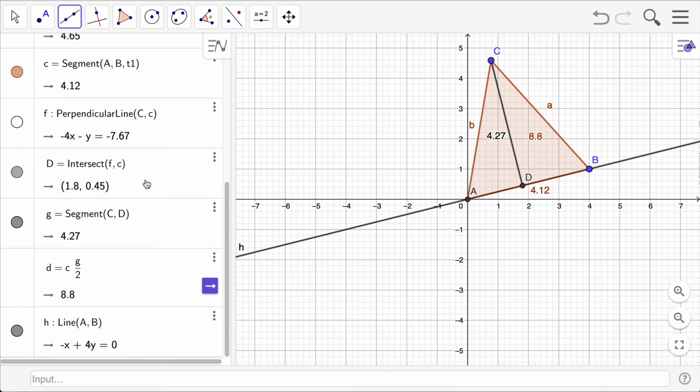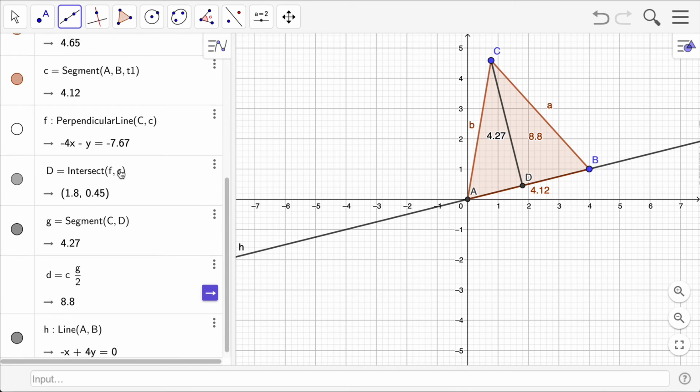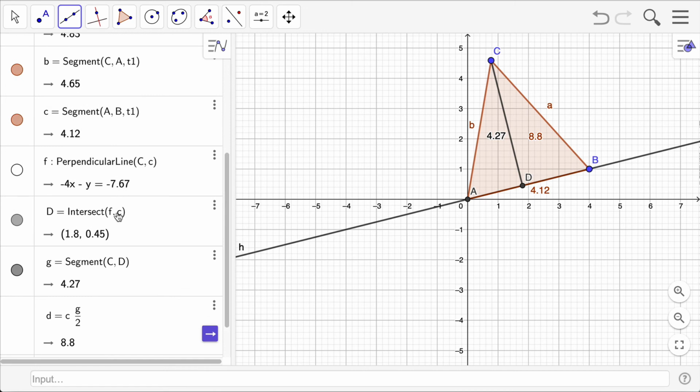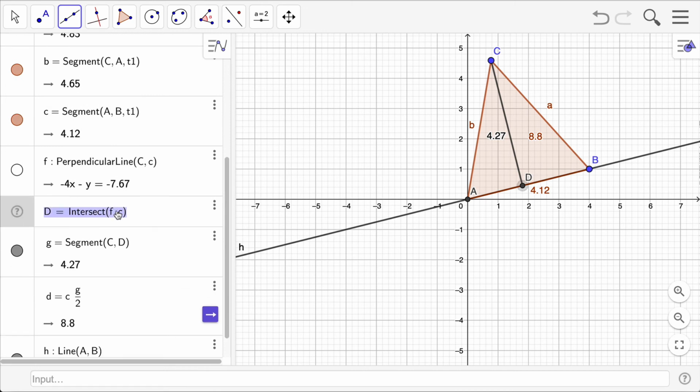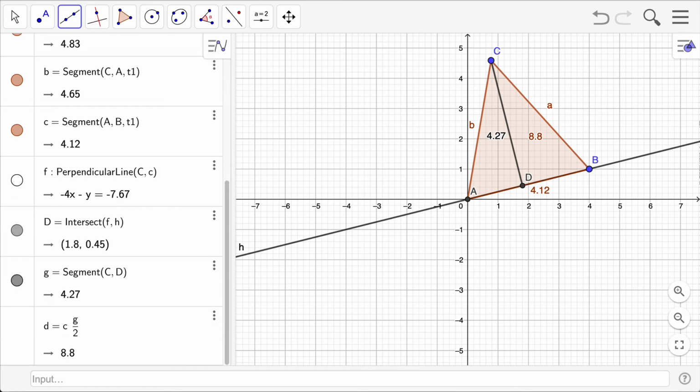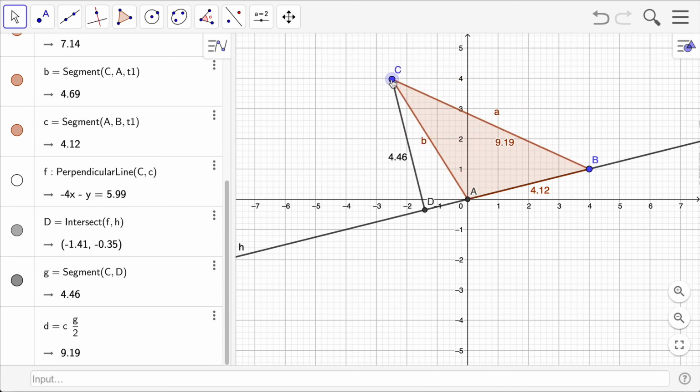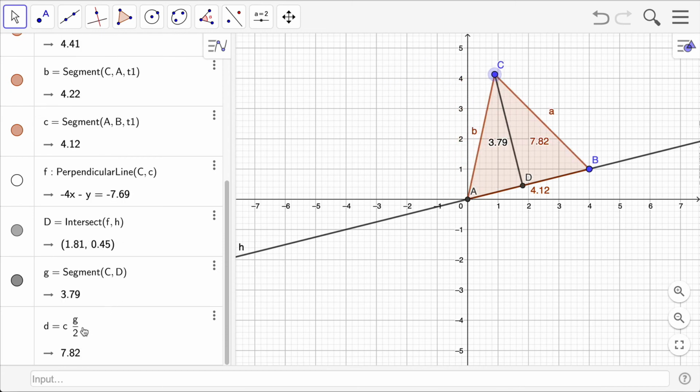Okay, so that's H. And let me take the intersection of, so I still want F, that was the perpendicular. Now I want to use that line H. Does that work for me? Yeah, there we go. Okay.